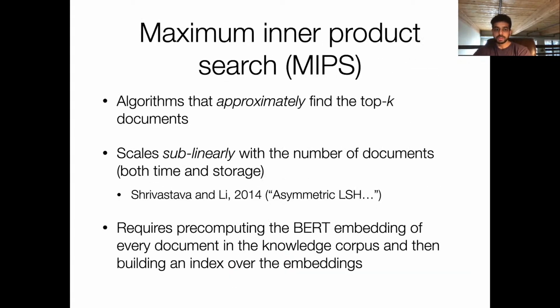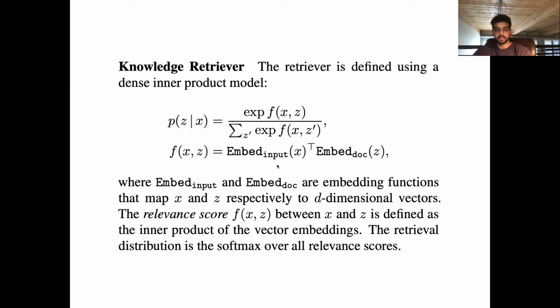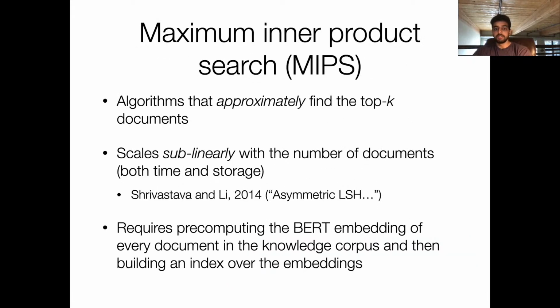So instead, the REALM authors take advantage of machine learning advances in fast inner product search. These algorithms are not going to give you the exact top K documents that have the highest inner product with the embedded input X, but they're going to give you an approximation of that.